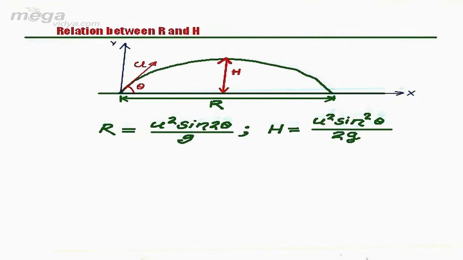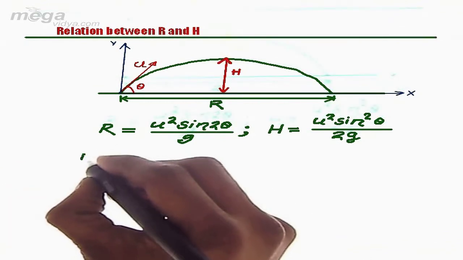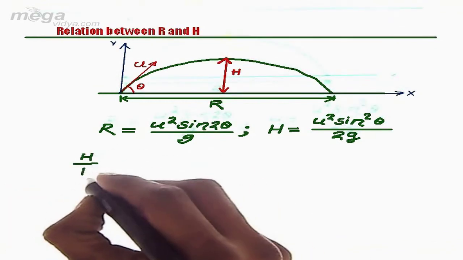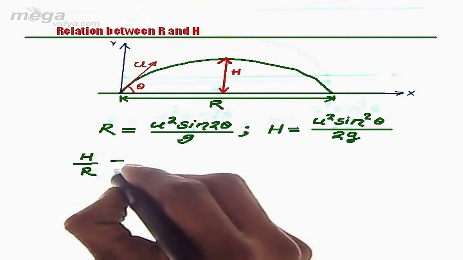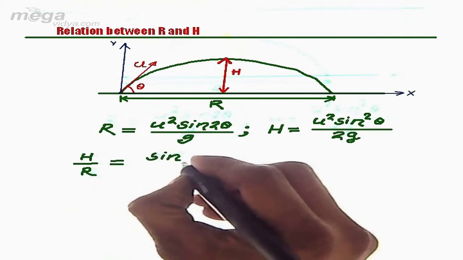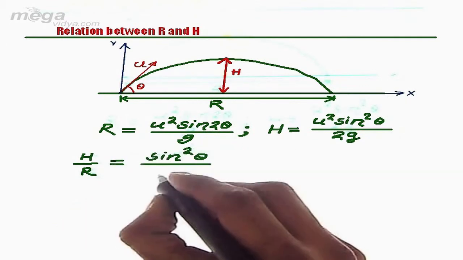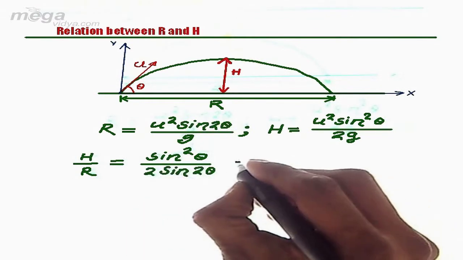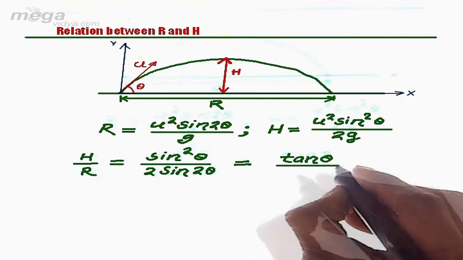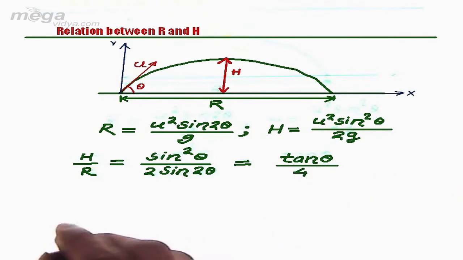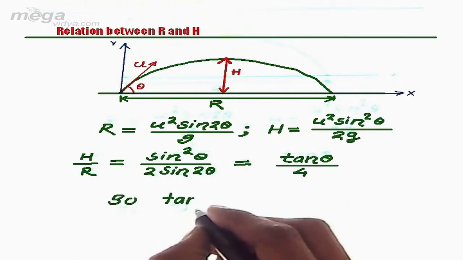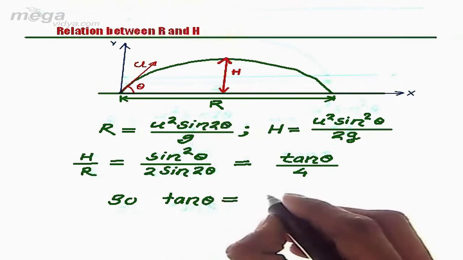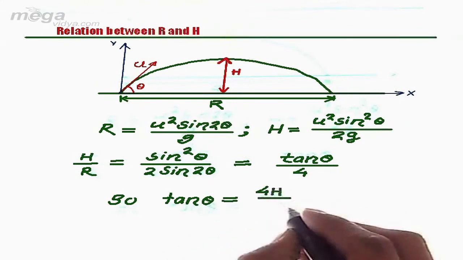Now if we divide the maximum height by the horizontal range, then we get sine square theta upon 2 sine 2 theta, which finally gives tan theta upon 4. So we can write tan theta equal to 4H by R.